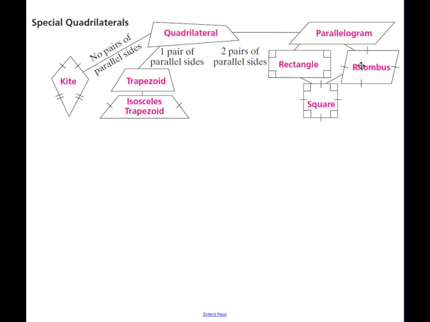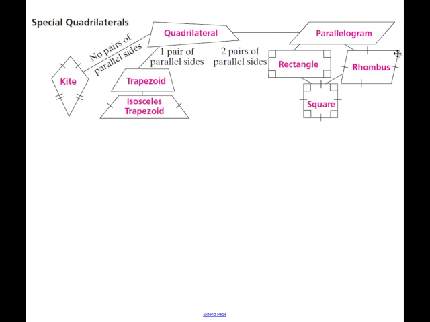Whereas in a rhombus, all four of our sides are congruent, and I know this probably isn't the greatest picture of a rhombus because it doesn't quite look like all four sides are congruent, but all four sides are congruent. Both pairs of opposite sides are also parallel, so we know it is a type of parallelogram. But here we see that we don't have 90-degree angles.